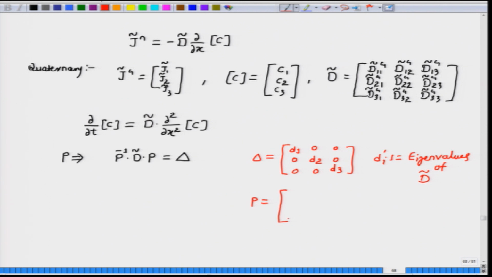And for convenience, we write this matrix such that the diagonal elements are normalized to 1, right. So, the eigenvectors are written such that the corresponding diagonal elements are normalized to 1. So, P can be written as 1, beta 1, gamma 1, alpha 2, 1, gamma 2, alpha 3, beta 3, 1.